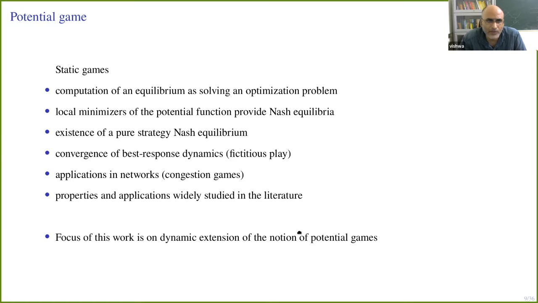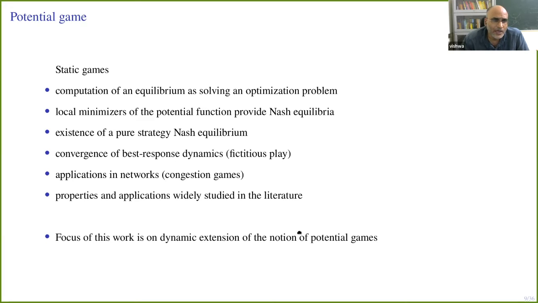So that's roughly the idea of potential functions in a static game. To summarize, it is motivated by the idea that computation of an equilibrium is solved as an optimization problem. The local minimizers of the potential function provide Nash equilibria, and especially in finite games, if the game is a potential game, then a pure strategy Nash equilibrium exists for that game.